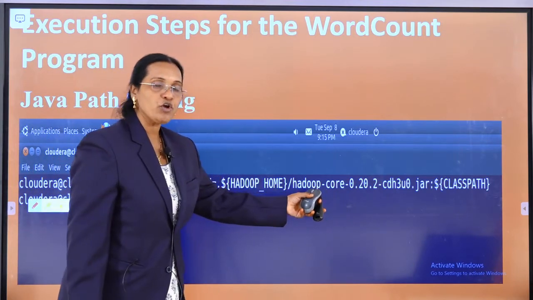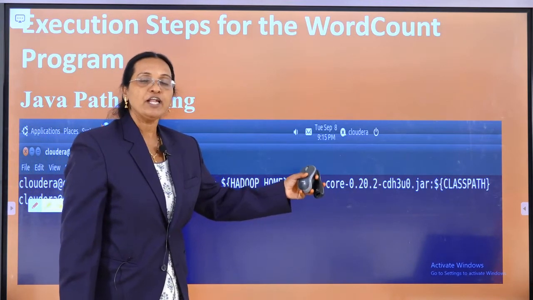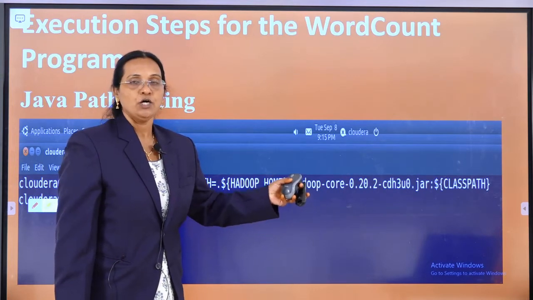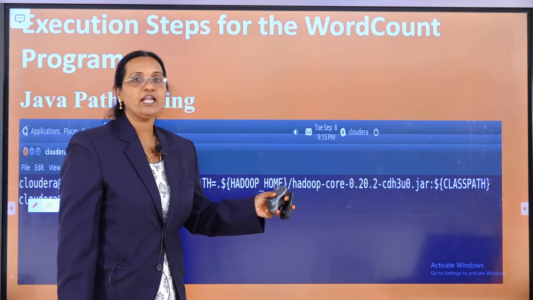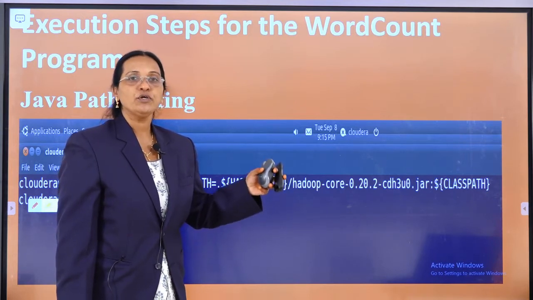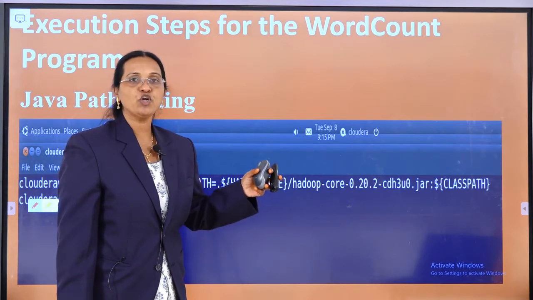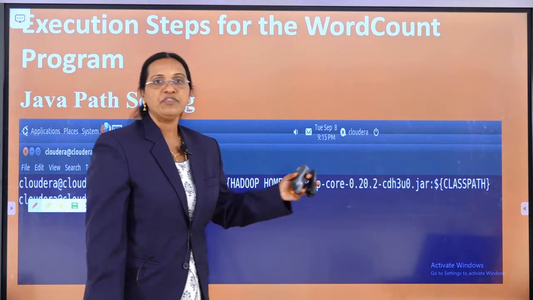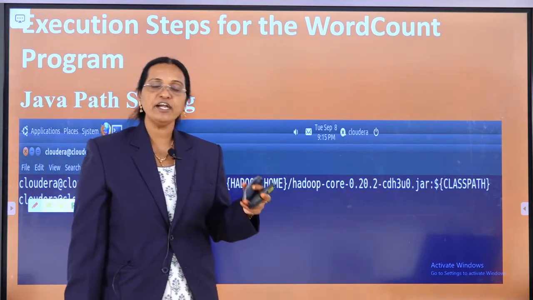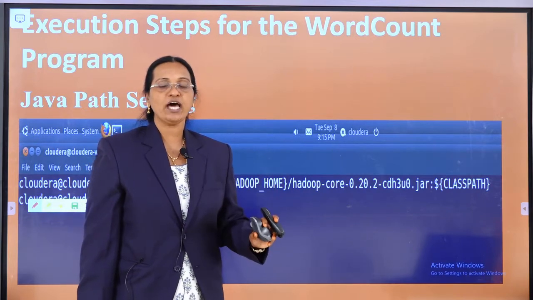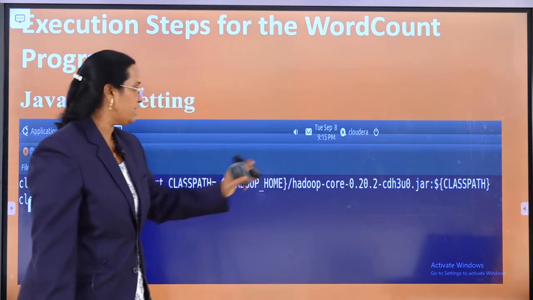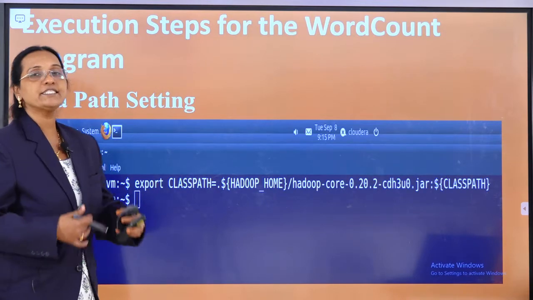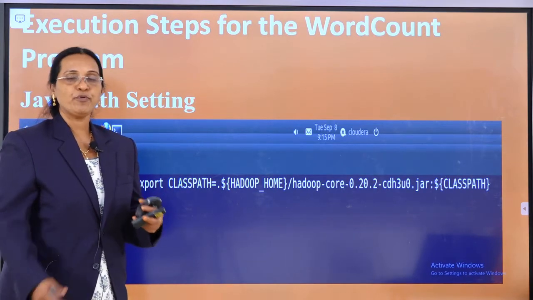As I already told you, this jar file will not be available at your current location, so you have to copy the jar file from /usr/lib/hadoop-0.20, bring it here and paste it. You are not going to do this every day. Once it is done, it is done. And after setting the path, you can execute the word count program.